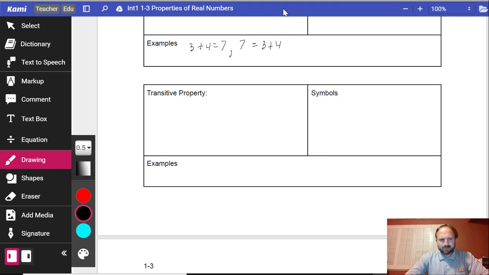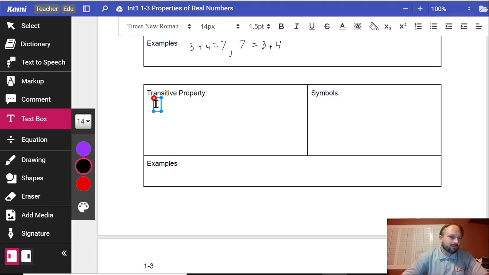I like this one because we're building. First we said, hey, it's equal to itself. Then we're saying, okay, if this is equal to this, then we could switch them in the equation. This next one is if we have 3 quantities.